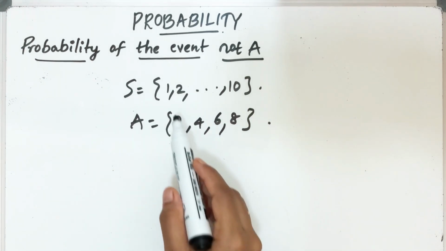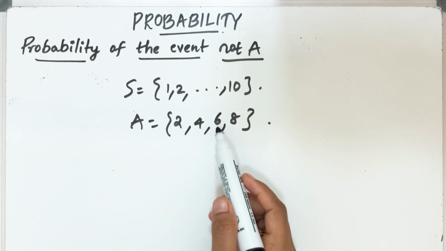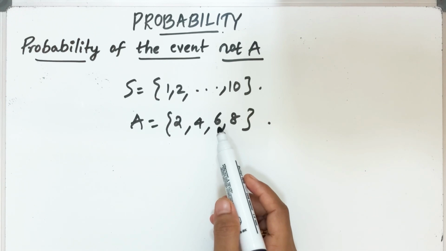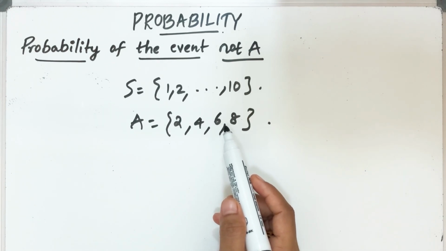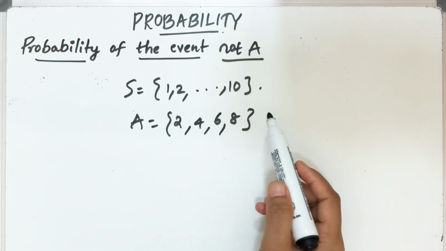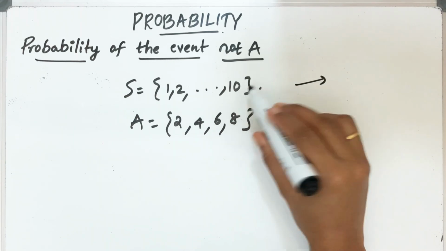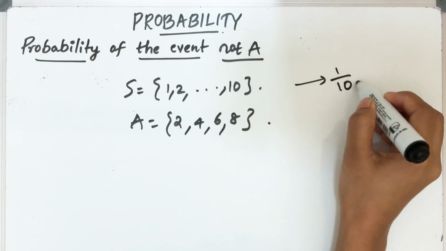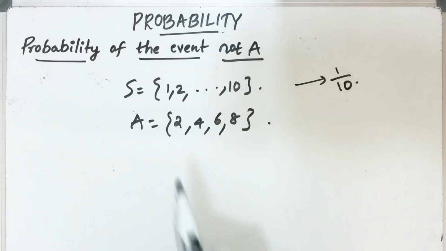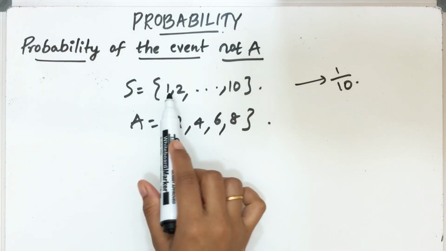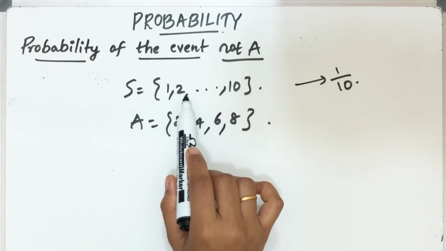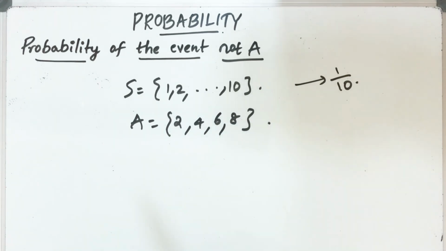If the probability of each single outcome is not given, then we take the outcomes as equally likely. Then the probability of each outcome will be, with a total of 10 elements, 1 by 10. That is, probability of 1 is equal to 1 by 10. Probability of set 2 is equal to 1 by 10, like that.